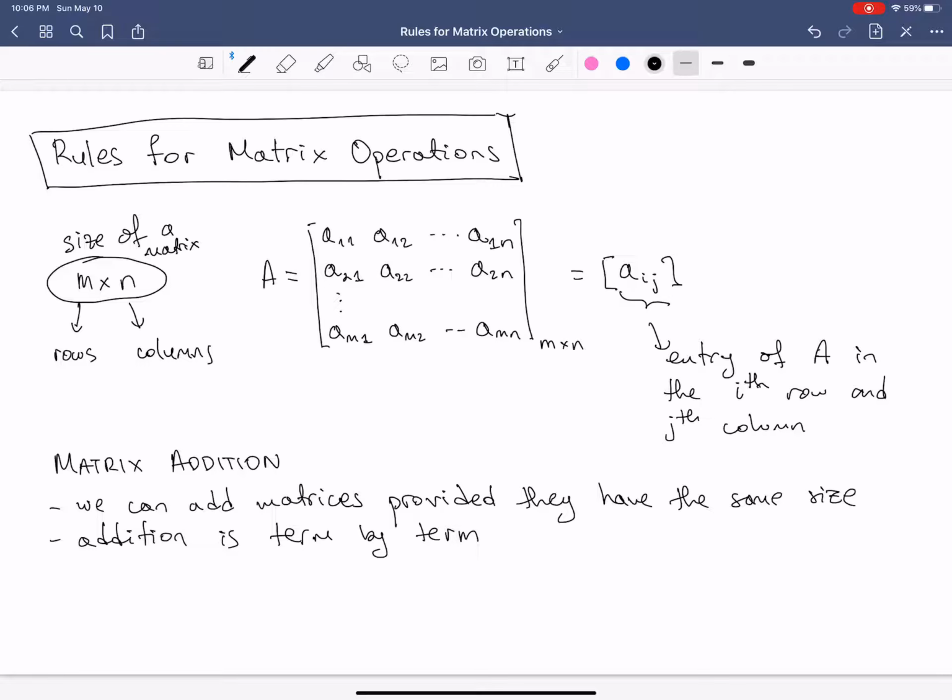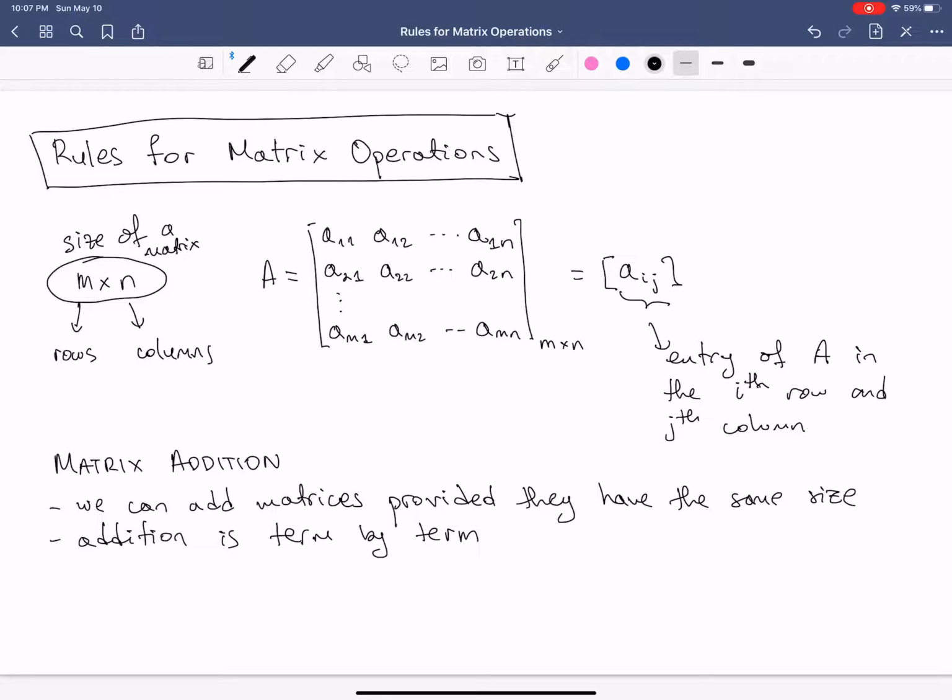By the way, with this definition that we have for A, it turns out that a column vector would be, say, of size m by 1. A row vector would be of size 1 by n. So we can refer to vectors as matrices as well.